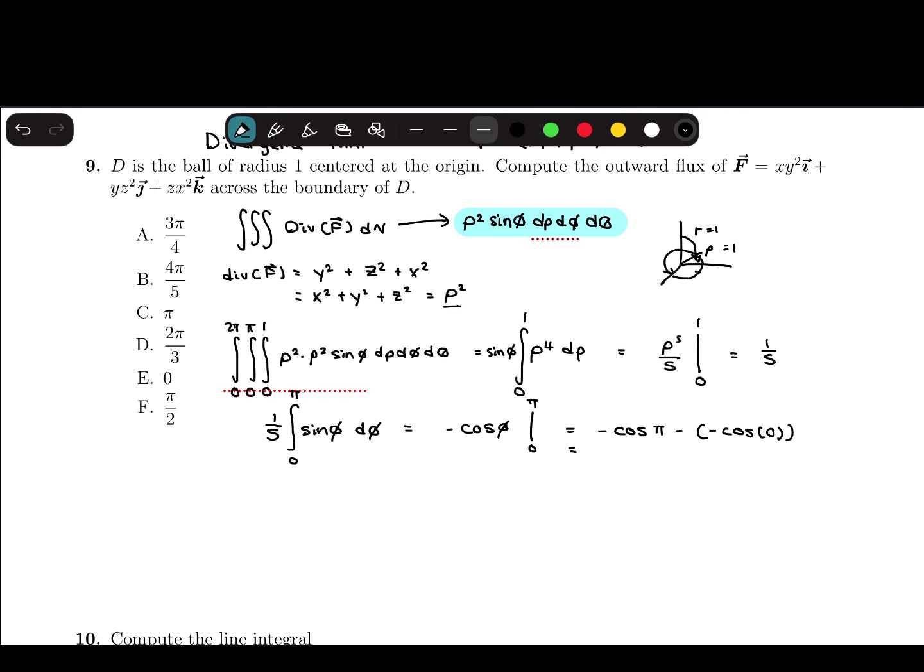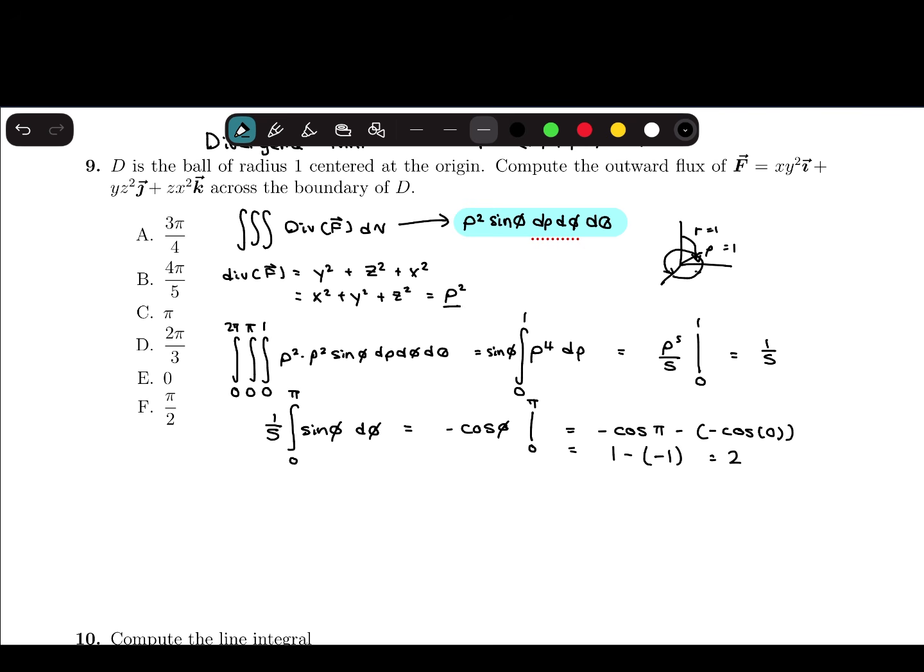Cosine of pi is just negative 1, so we get 1 minus negative cosine of 0. Cosine of 0 is 1, so that would just be negative 1. So you just get 1 plus 1, which is 2.